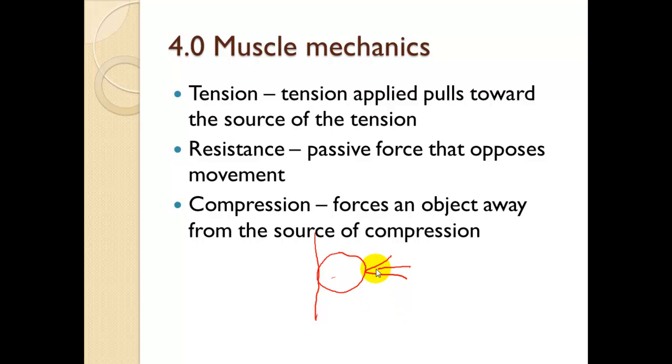As I pushed on this ball and compressed it smaller and smaller, the force would be going away from the source of compression. So my source of compression is coming from this direction, and the force would be going in this direction, or away from where the actual compression force was coming from.